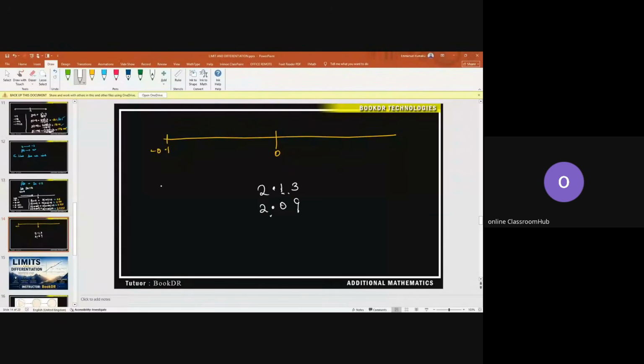Okay. But remember, the numbers provided are negative 0.1, negative 0.01, negative 0.001. On the number line, when I have 0 here, in terms of magnitude, the numbers increase in this direction.